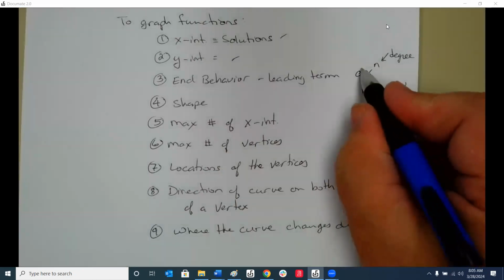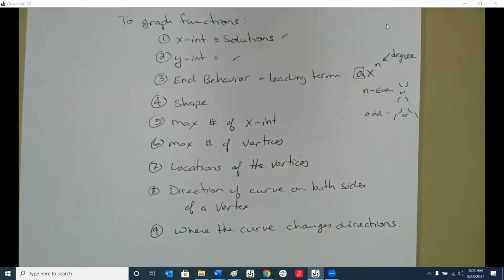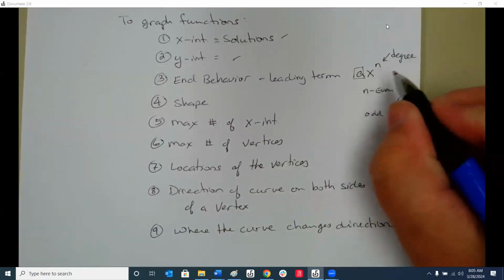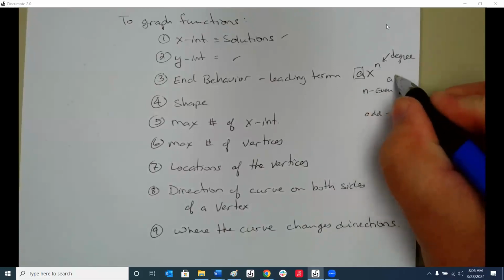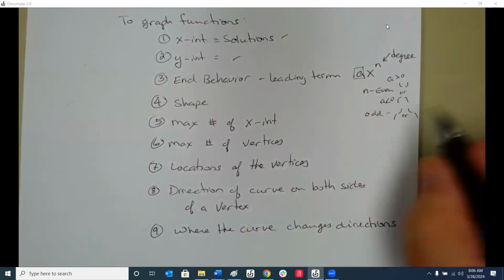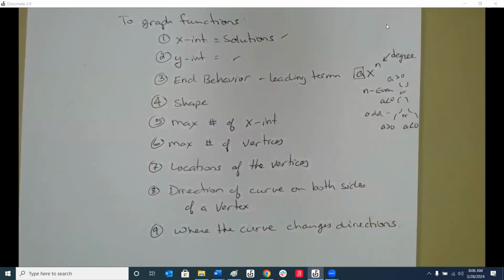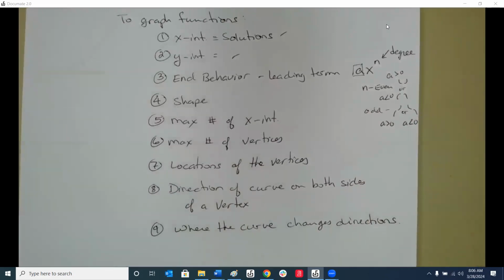All that is dependent on the coefficient. So if A is positive, it goes up. If A is negative, it goes down. If A is positive, it's increasing. If A is negative, it's decreasing. All this stuff is reviewed from algebra.